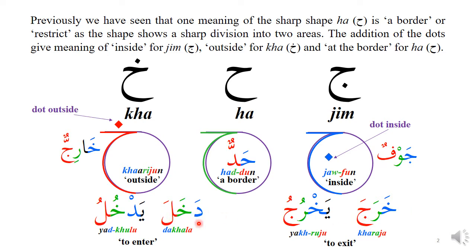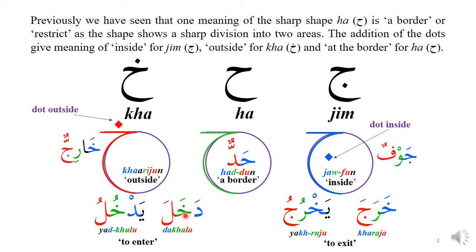And dakhala is the opposite of kharaja, which means to enter inside, right? And the way it works is Dal is related to dar, or inside, and Kha is from outside. This Alif, this Lam is actually a unit propagation, so it means you take a few steps and you enter.